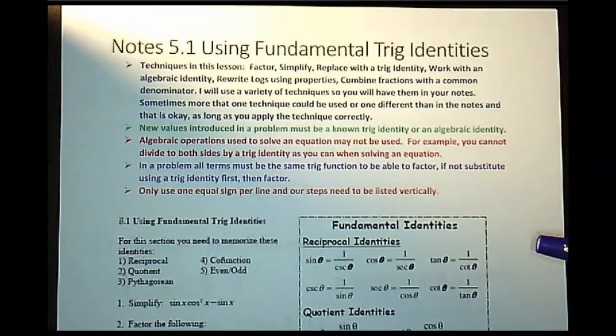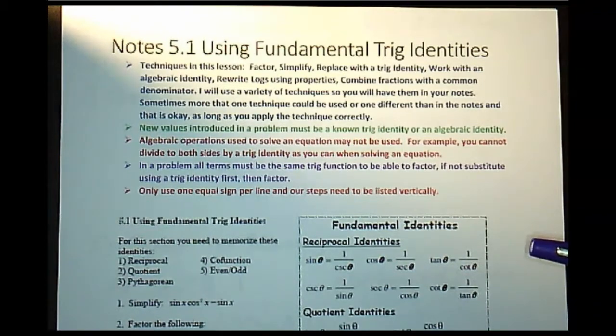The new values introduced in the problem must be a known trig identity or an algebraic identity. So we are not solving, we're not dividing both sides by a trig function or any of that. We have to simply replace and simplify. Algebraic operations used to solve equations don't work for trig identities. And what we're doing today is not proving or verifying, we're just simplifying.